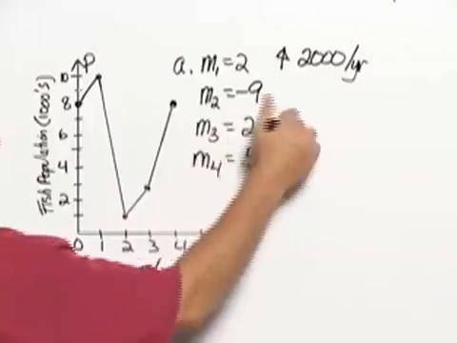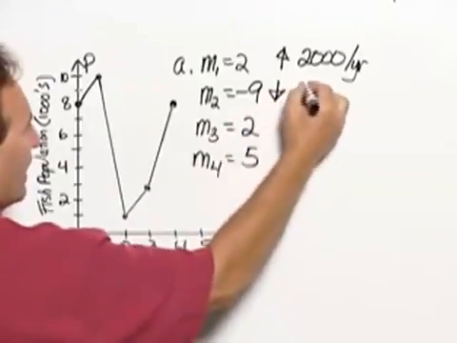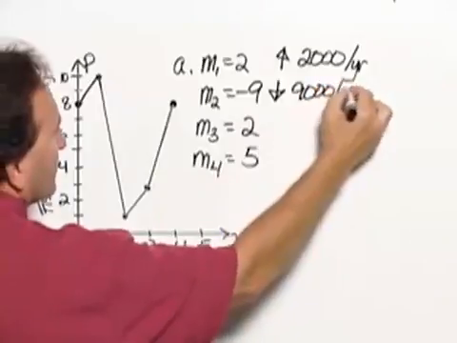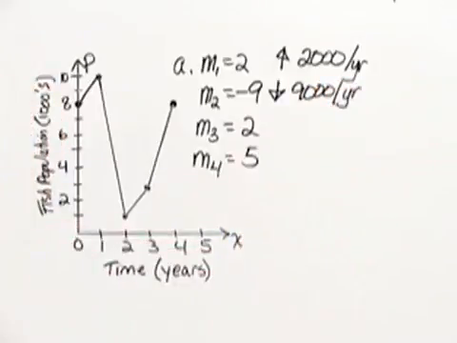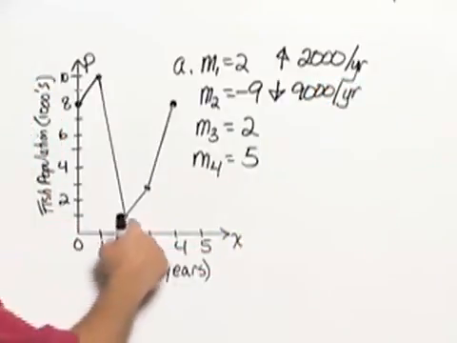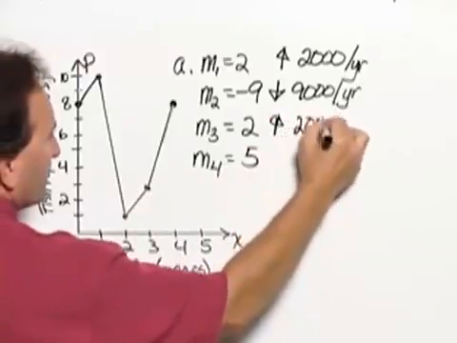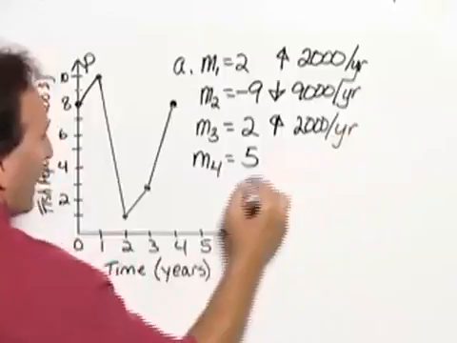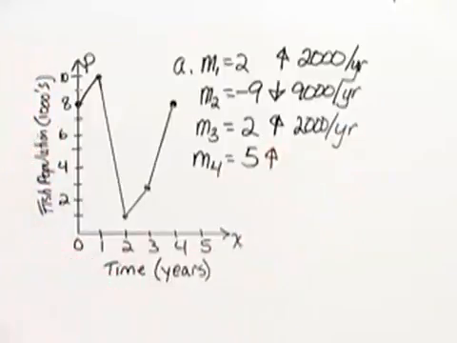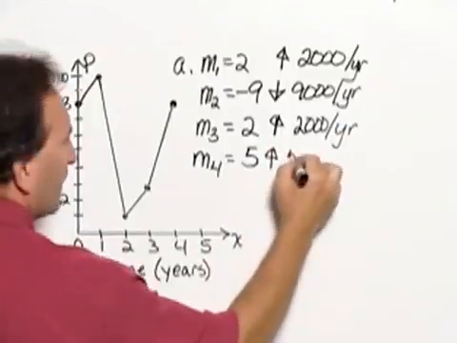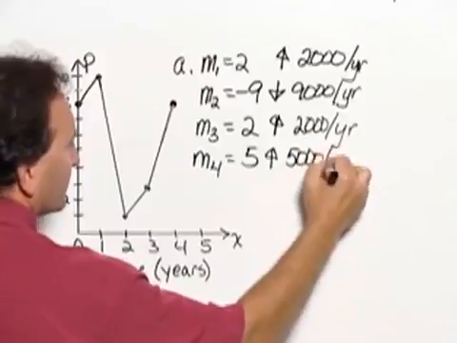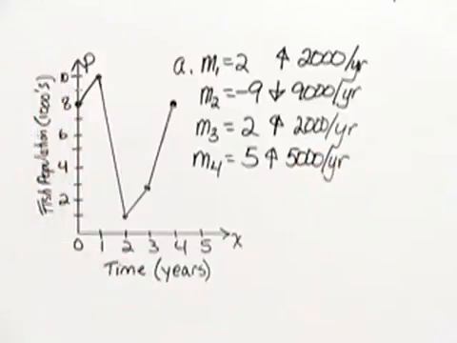Well, that means that there was a decrease of 9,000 fish per year. For the third segment, it's an increase of 2,000 fish per year. And for the fourth segment, it's an increase of 5,000 fish per year.